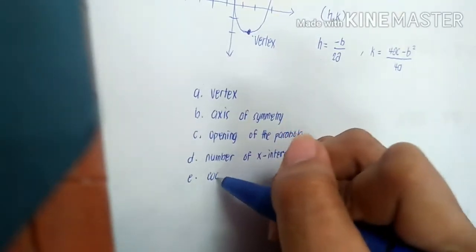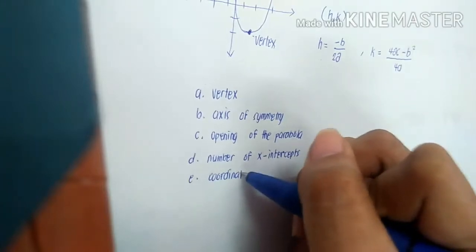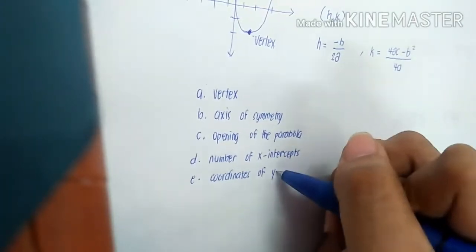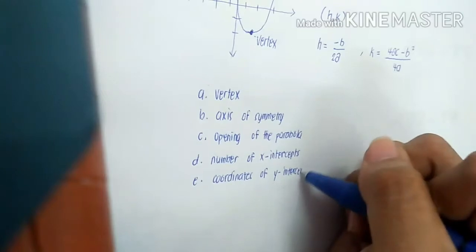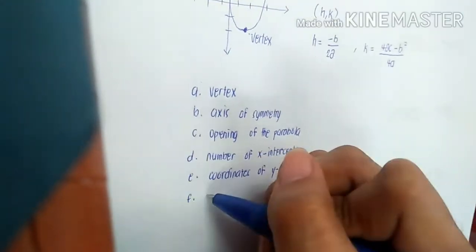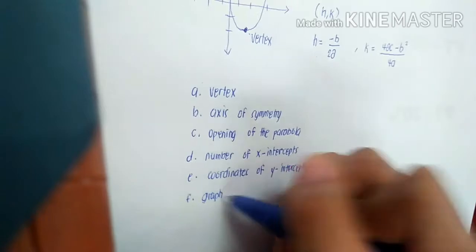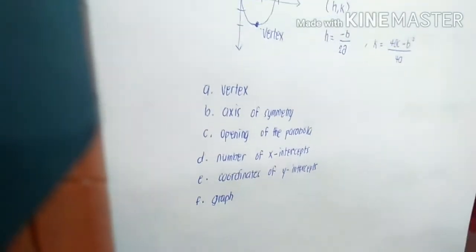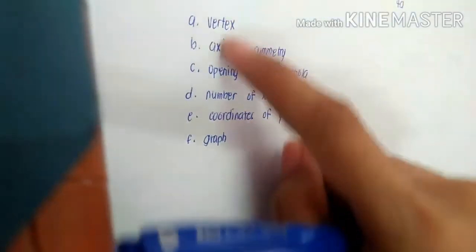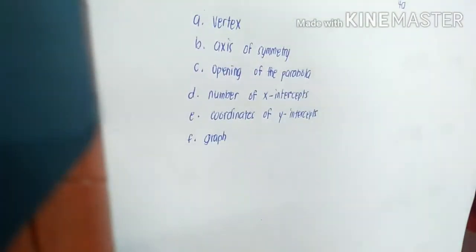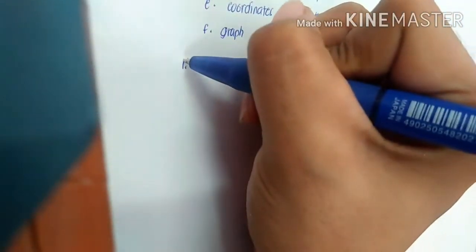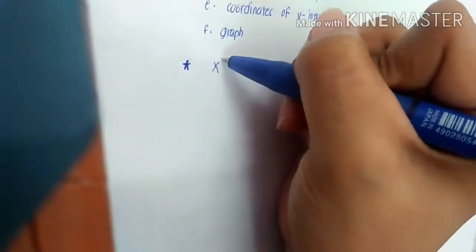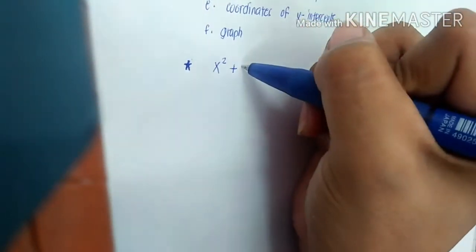Letter E, coordinates of y-intercepts. And then the last one is the graph. We will be graphing. This is quite long. Okay, we will be identifying all of these. But before that, I will be giving you first the equation, x squared plus 4x minus 1. This is still a quadratic equation.